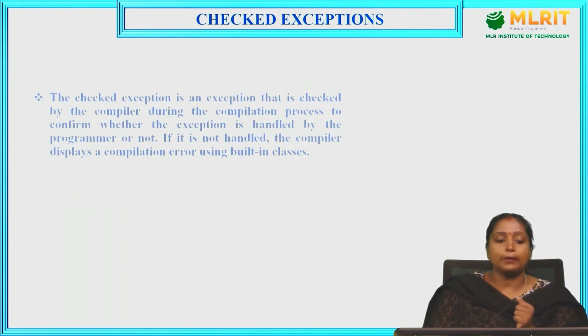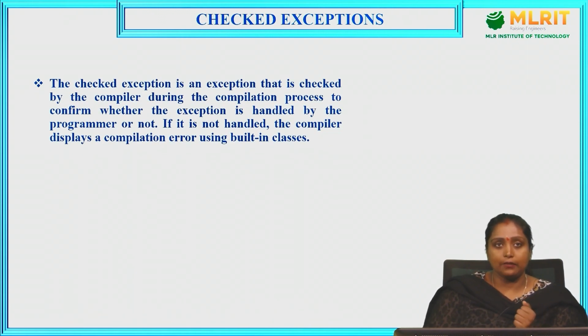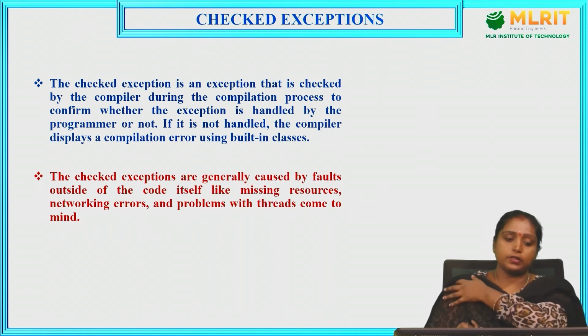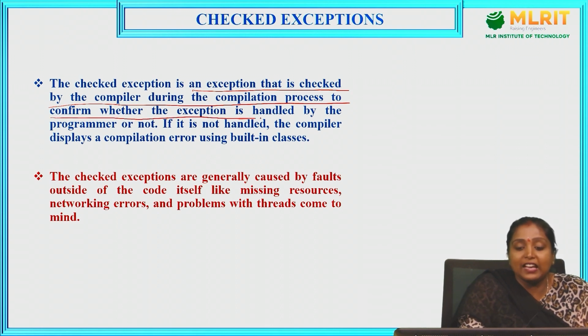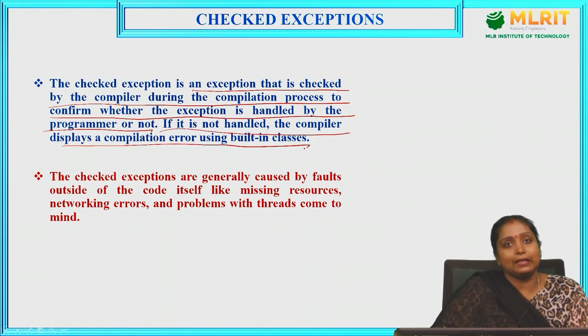So, coming to checked exceptions. An exception is checked by the compiler during the compilation process to confirm whether the exception is handled by the programmer or not. If it is not, the compiler displays a compilation error using built-in classes.